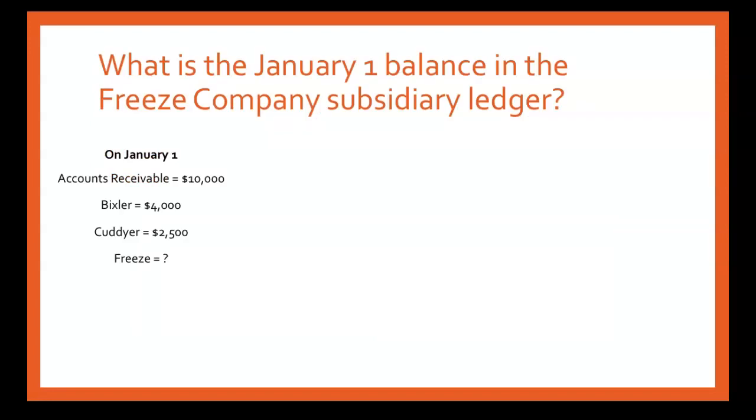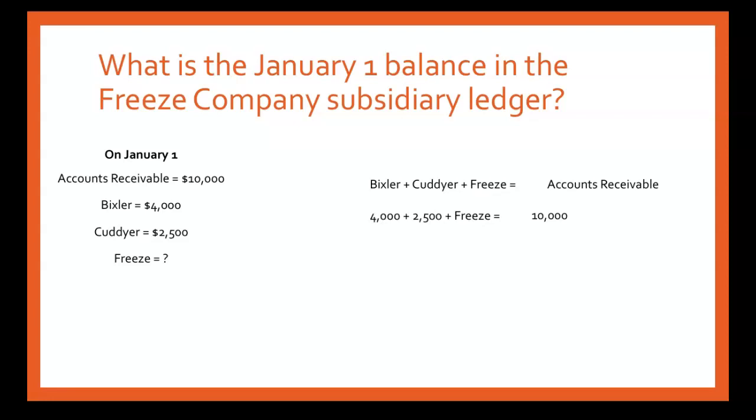So the first thing that we need to figure out here is the January 1st balance in the Freeze Company subsidiary ledger. So on January 1st, we have the control account, which is the sum of all of the subsidiaries, right? So that's the 10,000. Bixler is 4,000, Kadire is 2,500. We can set it up like an algebra problem.